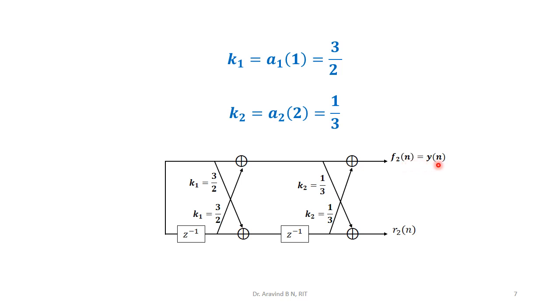That is nothing but the y of n, the final realization. So this is the k1, this is the k2 realization. K1 is identified as 3 by 2, and that has been written here. K2 is identified as 1 by 3 from the calculation, so that has been represented here. So these were the diagrammatic realization for the second order lattice structure.